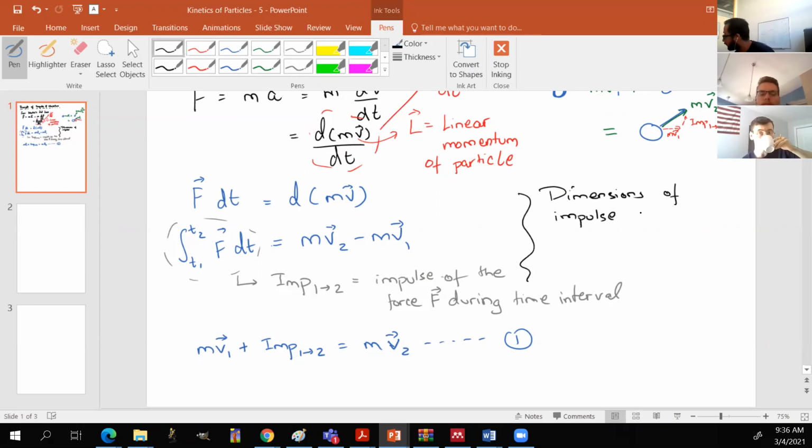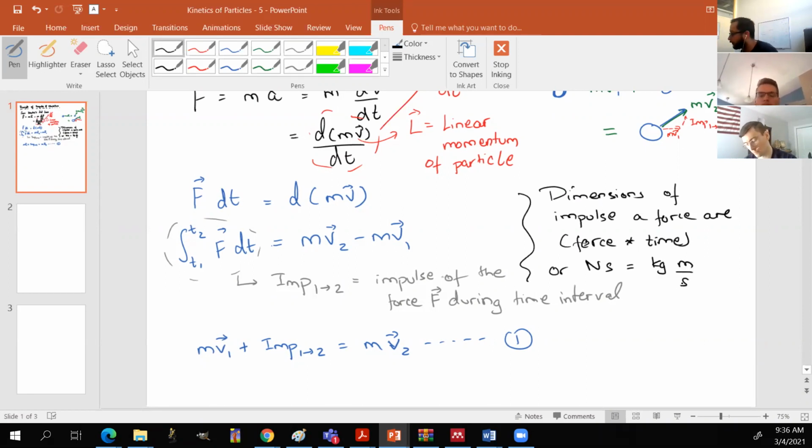Dimensions of impulse of a force are force times time. So you end up with Newton seconds. Or if you know that Newtons is kilograms meter per second squared, you can also end up with kilograms times meter over second, which is the same units as momentum, mass times velocity.